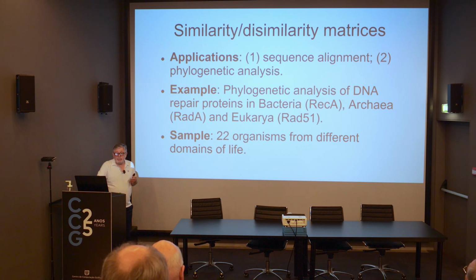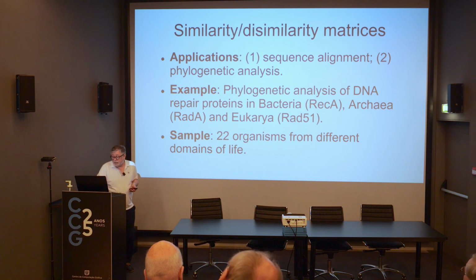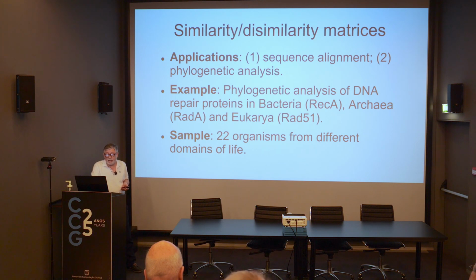With respect to matrices, similarity or dissimilarity matrices can have application in sequence alignment and phylogenetic analysis. So it will be done, as I said, in bacteria, archaea, and eukaryota. We present it on 22 organisms from these domains of life.